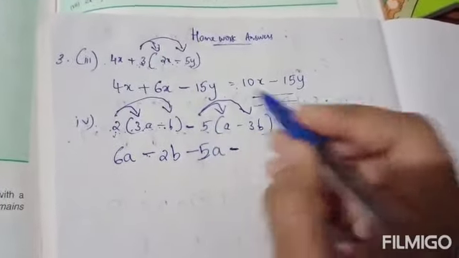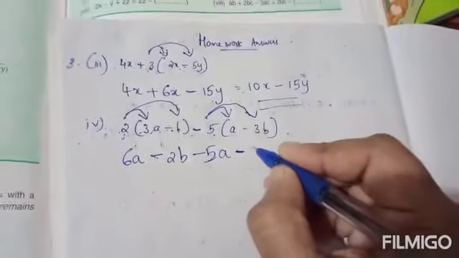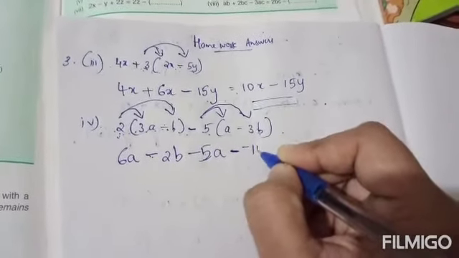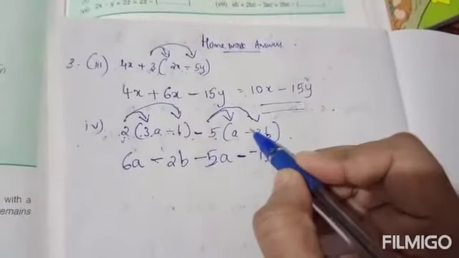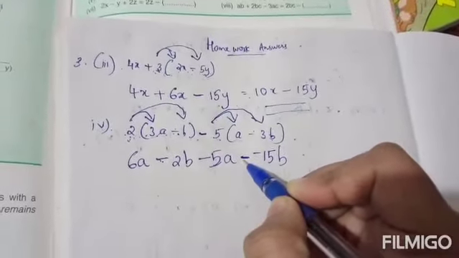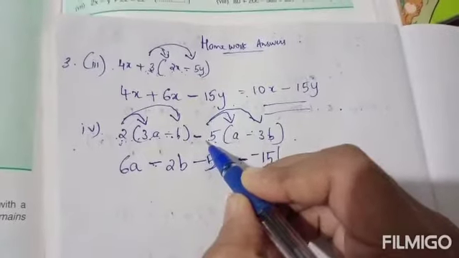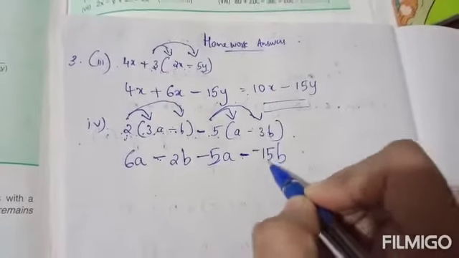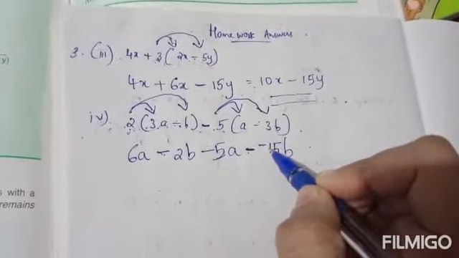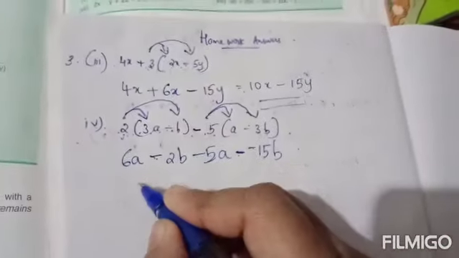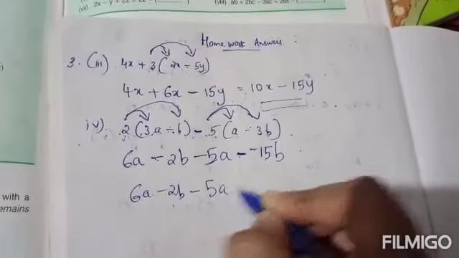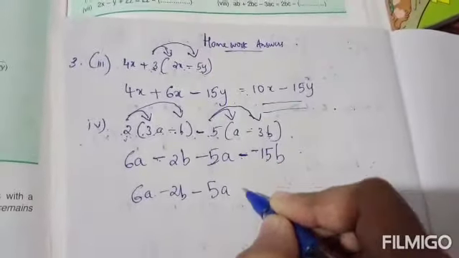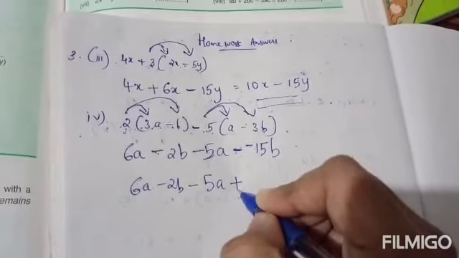Then minus 5 into 3b, you will get minus 15b. Okay, this minus we write first. Then minus 5 into 3b, it is minus 15b, so that also we write here. Okay, now 6a minus 2b minus 5a, minus of minus, it is plus.